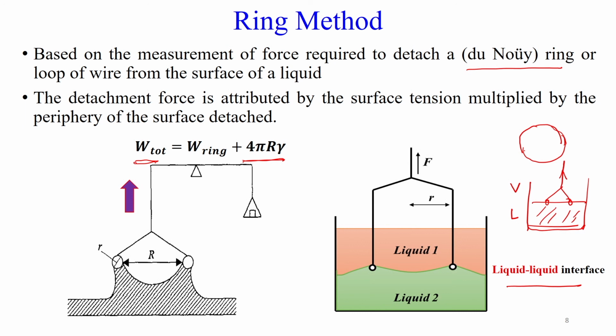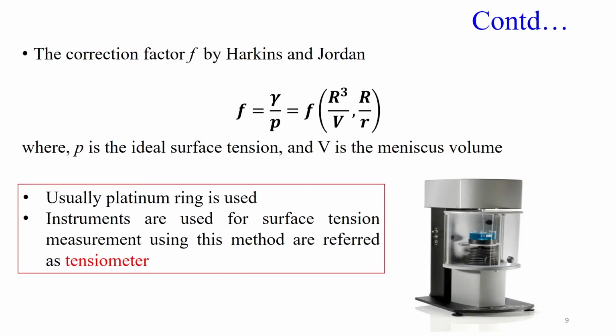So, this method, the ring method, can be used for the measurement of liquid vapor interfacial tension as well as the liquid-liquid interfacial tension. So, here again, as this ring comes into contact with the liquid, if you pull it out, some liquid will still be attached to the surface of the ring.